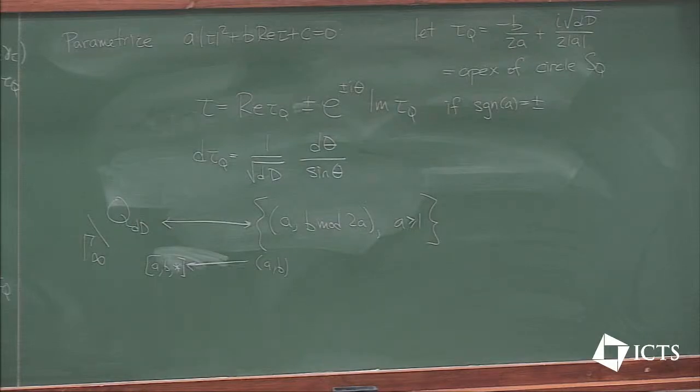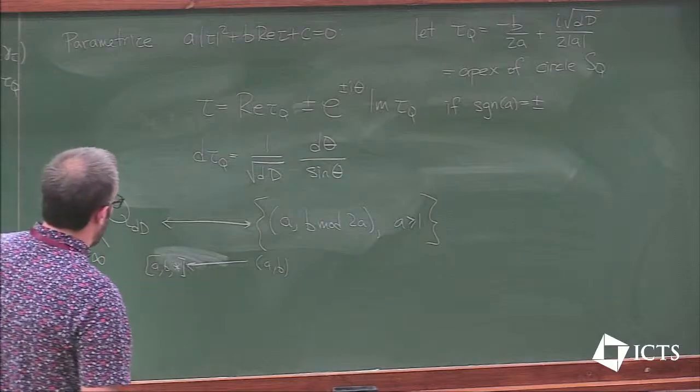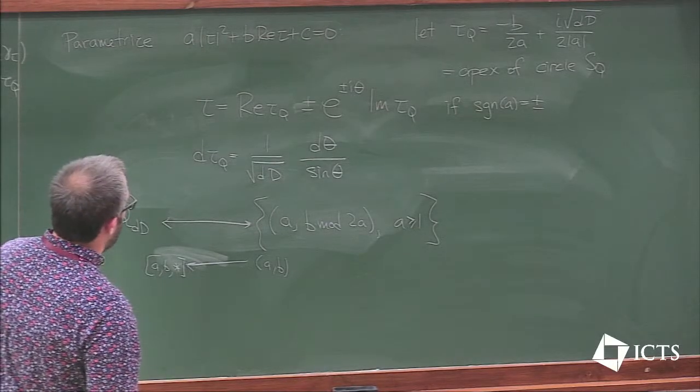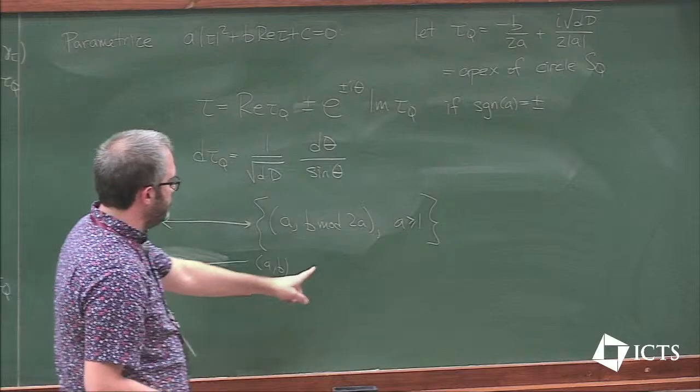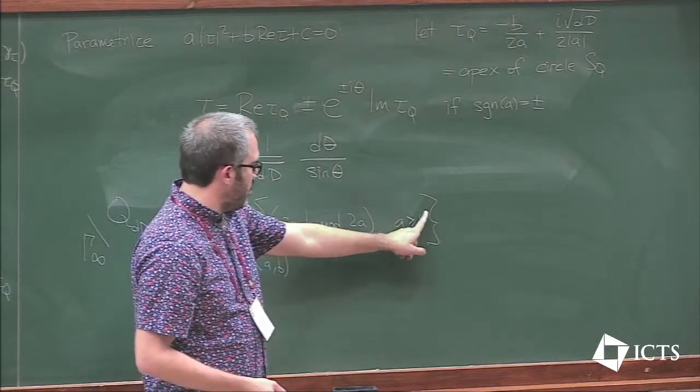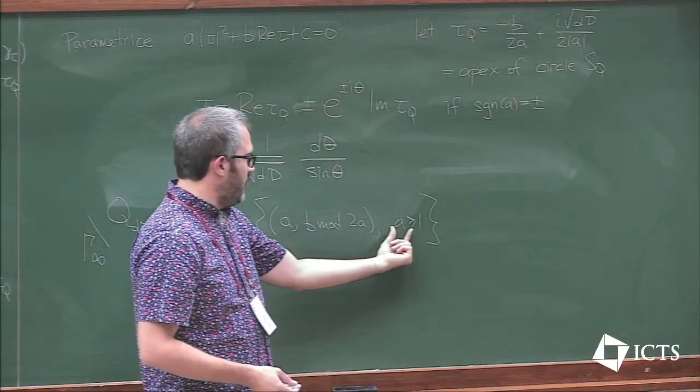Now this is the point at which the square discriminants thing comes up. Remember I said that we deleted two terms from the Poincare series, and it turns out that those two terms correspond to A equals 0. And so you're essentially removing A equals 0 from here.